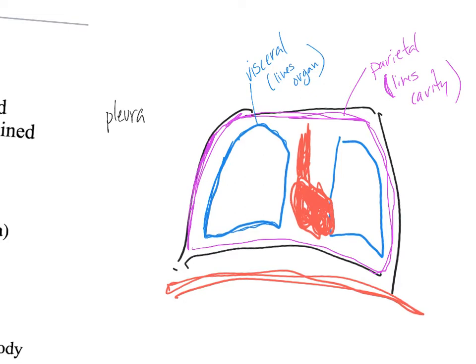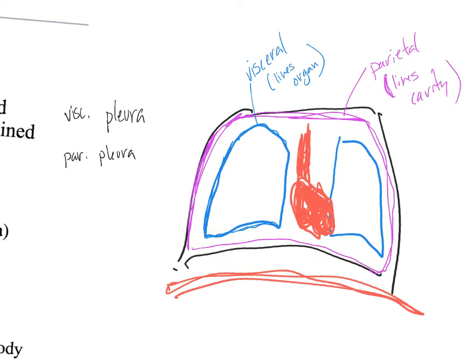So we could have visceral pleura, or we could have parietal pleura. Which one, visceral or parietal, would you find lining the lungs? Visceral. Which one, parietal or visceral, would you find lining the cavity?